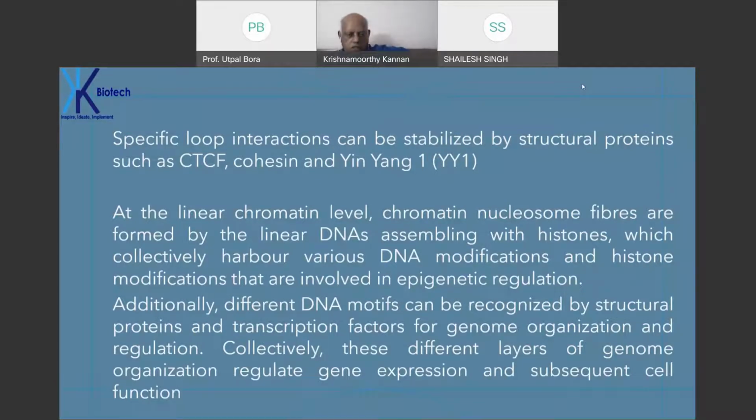Additionally, different DNA motifs can be recognized by structural proteins and transcription factors for genome organization regulation. Collectively, these different layers of genome organization regulate gene expression and subsequent function.